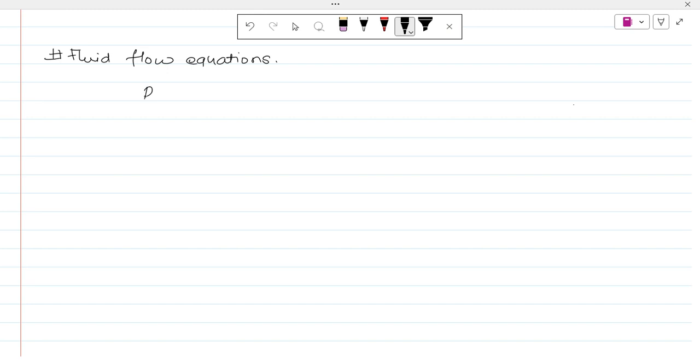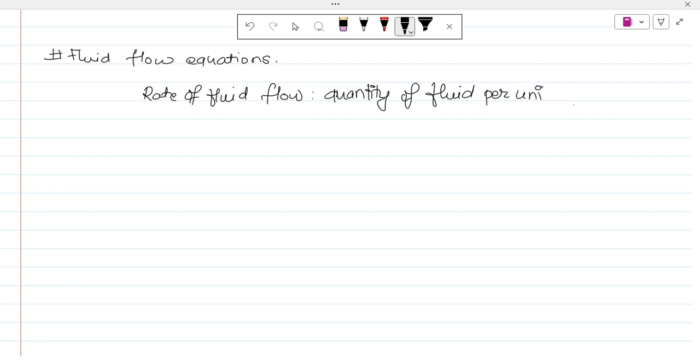So we have the rate of fluid flow. What is the rate of fluid flow? It is a quantity of fluid per unit time.